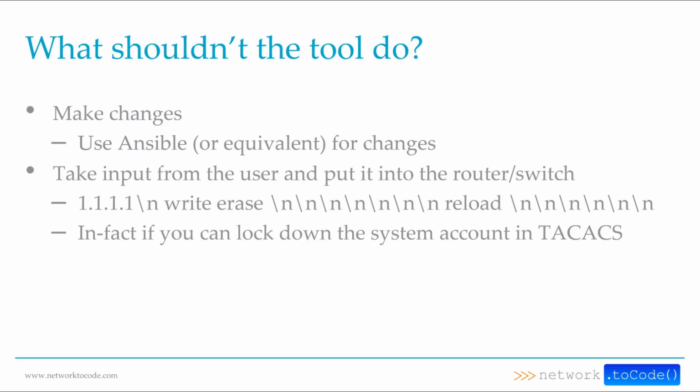So there are a few things I would avoid doing with my tool. I would avoid making changes. There's a whole bunch of extra logic that goes into making changes that you probably don't want to mess with when you're first starting out. Personally, I would use Ansible or some equivalent for when you're making changes.